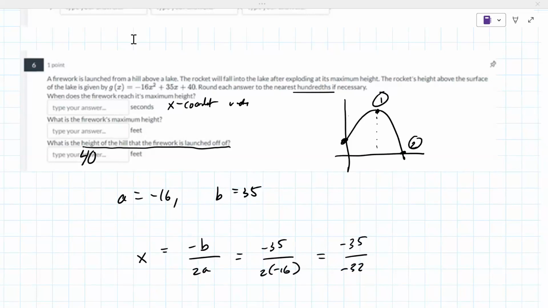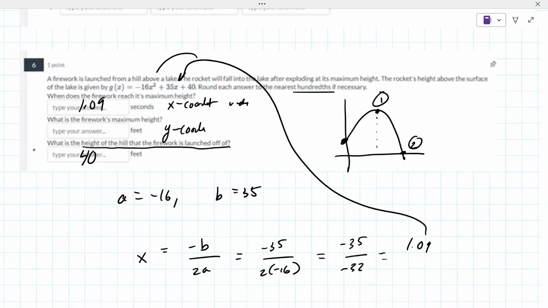Okay, 1.09. And then to get the maximum height, that's the Y coordinate of the vertex. So you're going to take this value and put it back into the original equation for X. I got 59.14 feet.